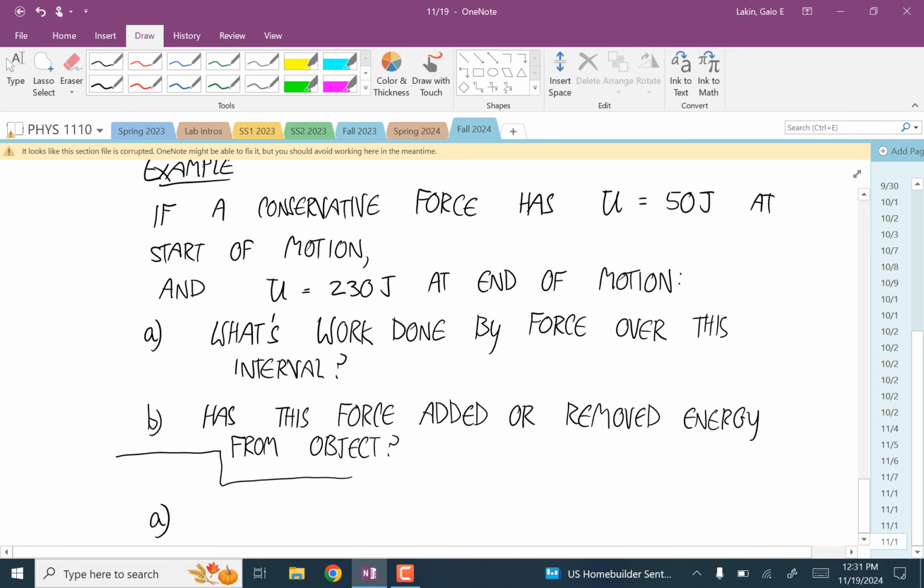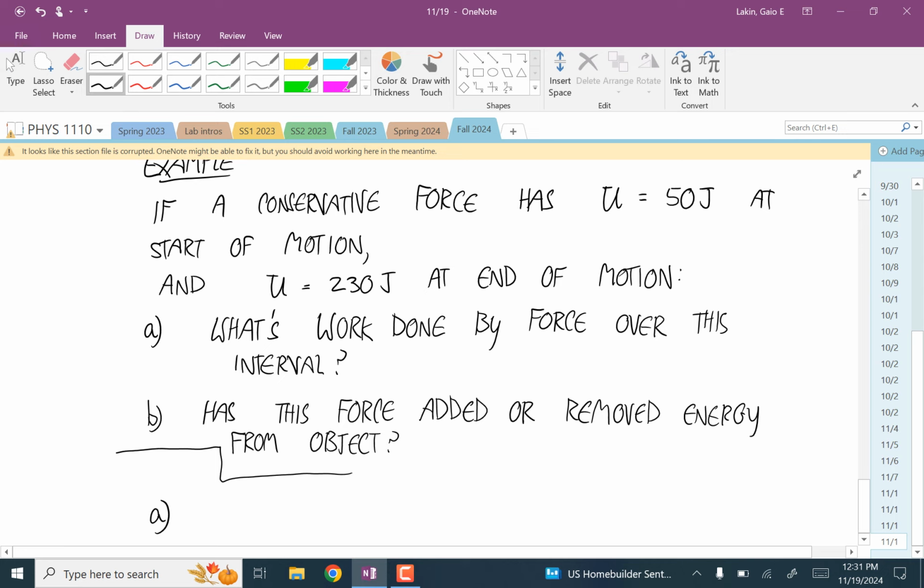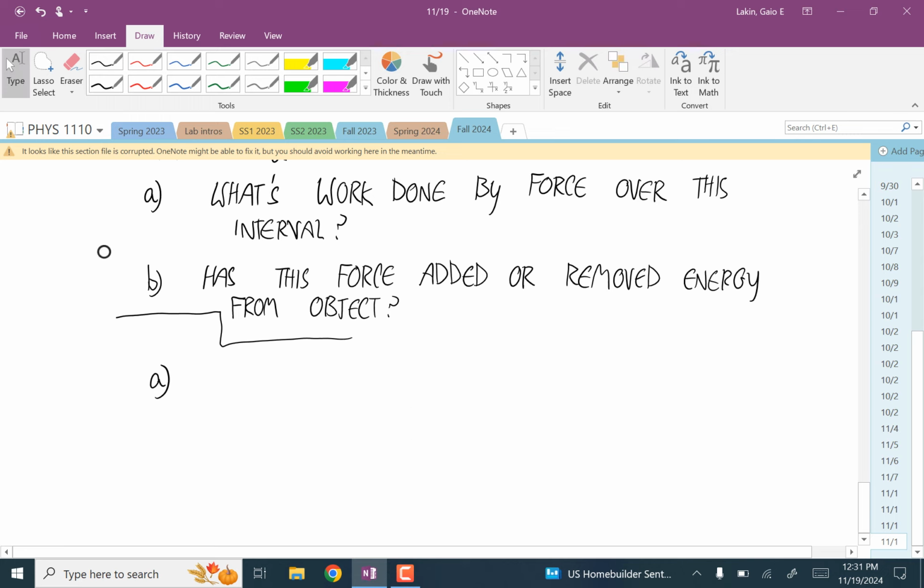Okay, so it starts with 50 joules of potential energy. It ends with 230 joules. We want to calculate the work. Well, the work of this force is equal to the negative potential energy at the later instant minus the potential energy at the earlier instant.